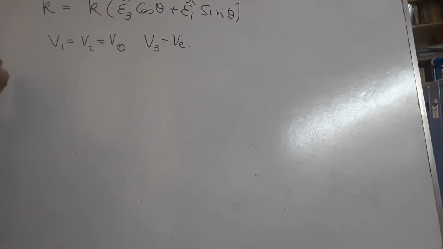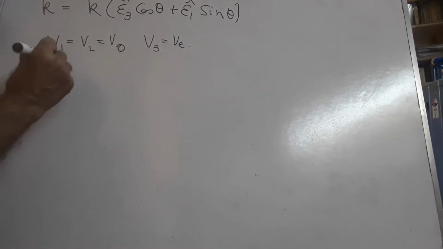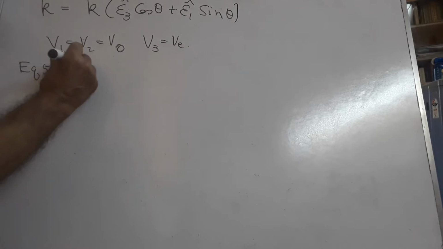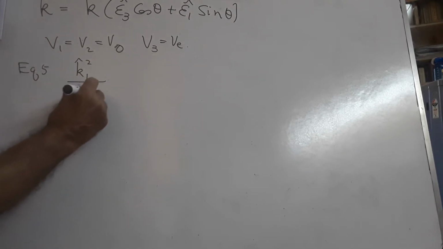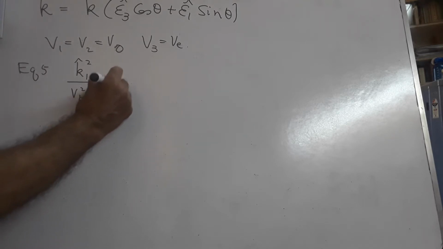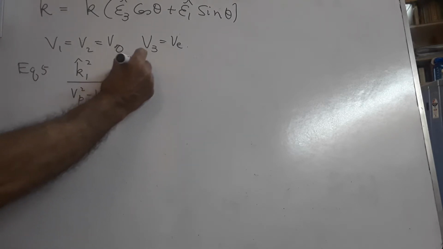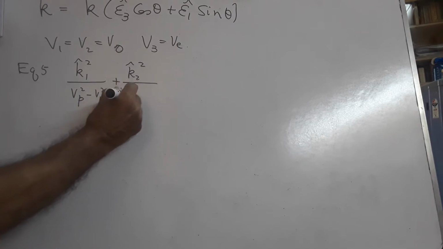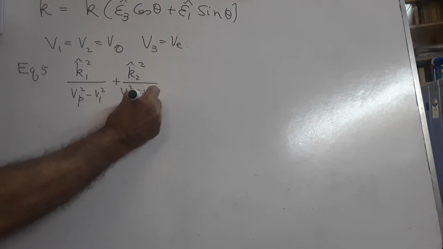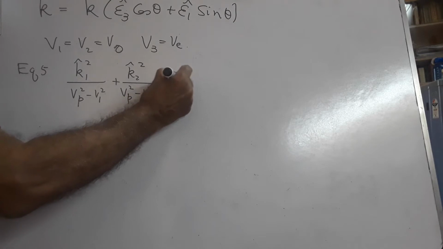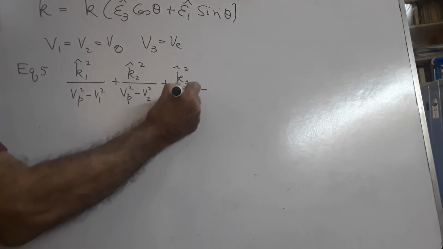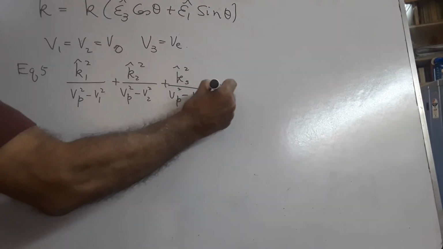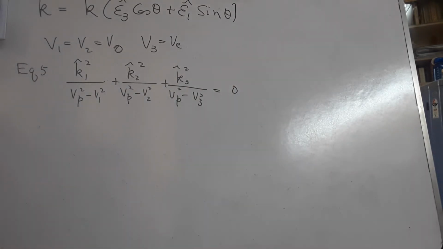We also have equation 5 of the notes I had sent, which is the following: K1 cap squared divided by Vp squared minus V1 squared, plus K2 cap squared divided by Vp squared minus V2 squared, plus K3 cap squared divided by Vp squared minus V3 squared, equal to 0.